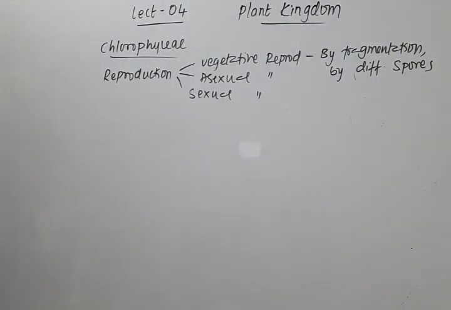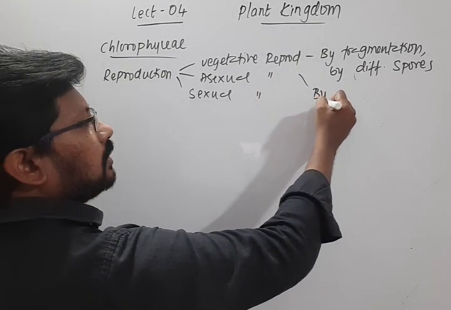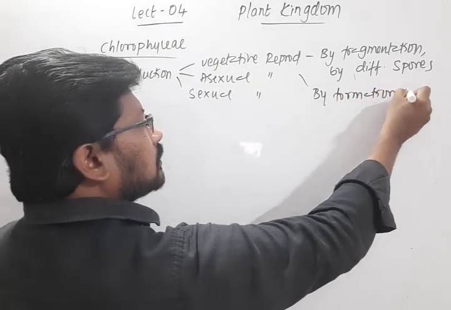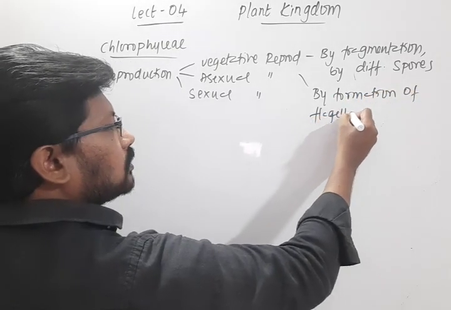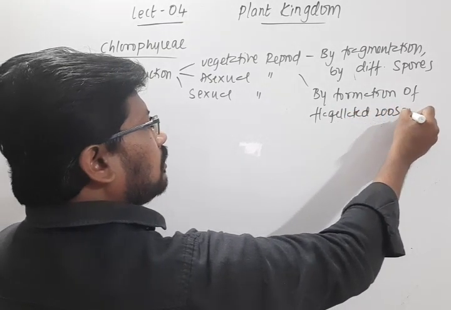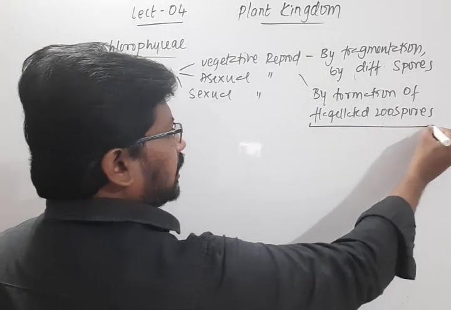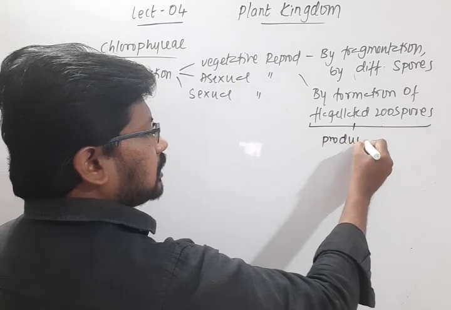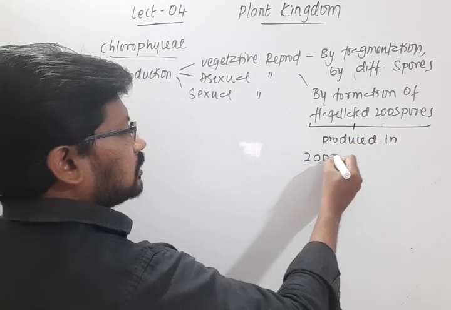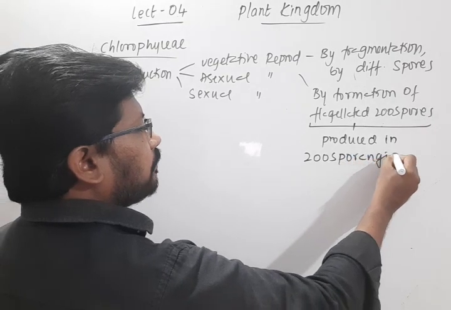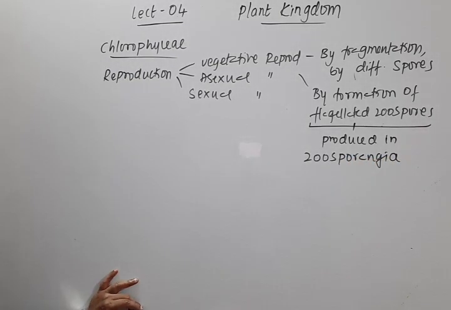And coming to the asexual mode of reproduction, it will be by formation of flagellated zoospores, which are produced in special structures called zoosporangia.